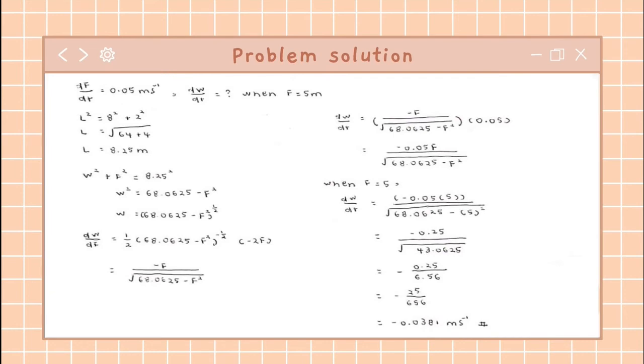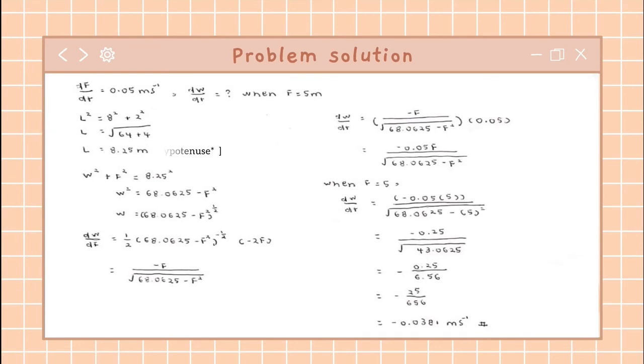Based on the question, it asks us how fast the ladder is sliding down, which is dw/dt. From the information, we know that df/dt is 0.05 meter per second and the question asks us to find dw/dt. Firstly, we need to find the height of the ladder using Pythagoras theorem, which is 8.25 meters.